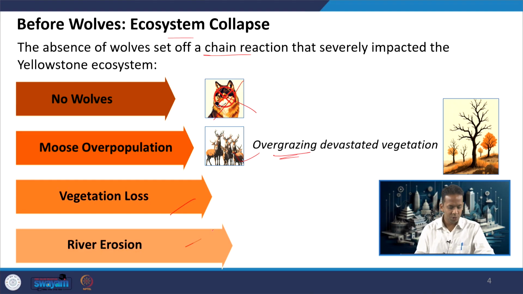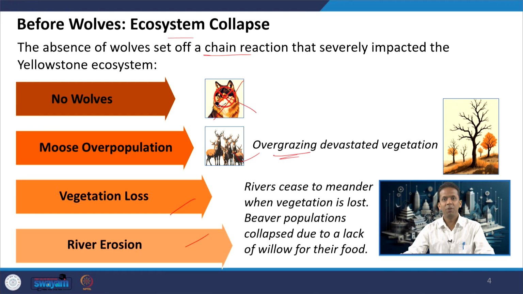So, river erosion took place, and rivers ceased to meander. Meander means following a snake-like zigzag spiral path. Because the vegetation was lost, rivers started flowing in straight, wide channels. And since rivers flowed straight and wide, the beaver, a very unique species also called the engineer among animals, because they build dams on water bodies and streams, restrict the flow of water and help aquatic life in that region, was affected.